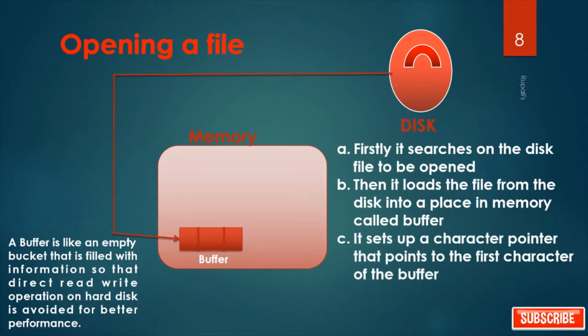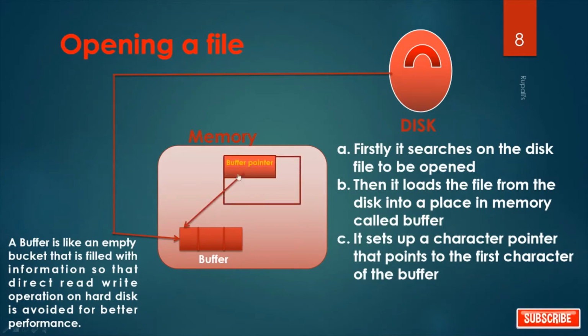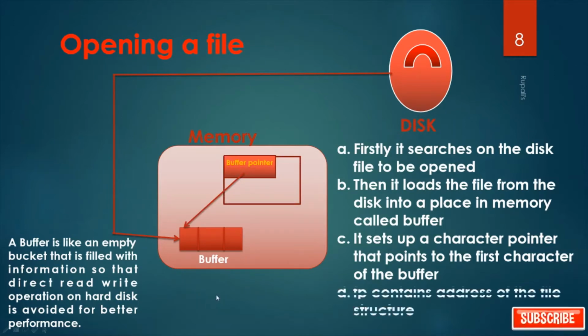It sets up a character pointer that points to the first character of the buffer. So, there is a pointer called the buffer pointer which points to the first character of the buffer, and fp is another pointer that contains the address of the file structure.